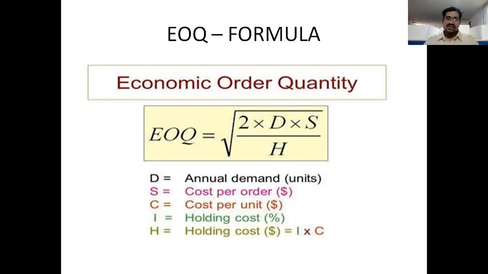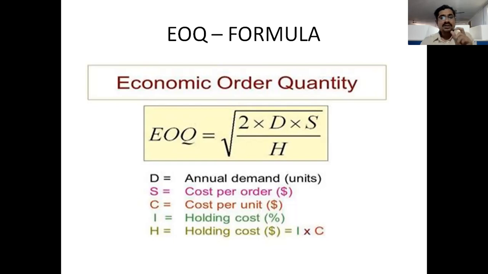And next, S means ordering cost. Telephonic expenses to put the order, the telephone bill, is ordering cost here. If we put the order based upon fax or internet, then the internet bill and fax charges are treated as ordering cost.